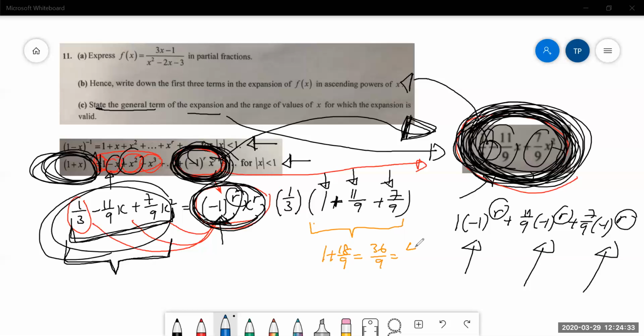Right? Is it 4? Okay. 1 plus 11/9. This is 4/9. Correct, right? So 18/9 plus 1, 36/9.